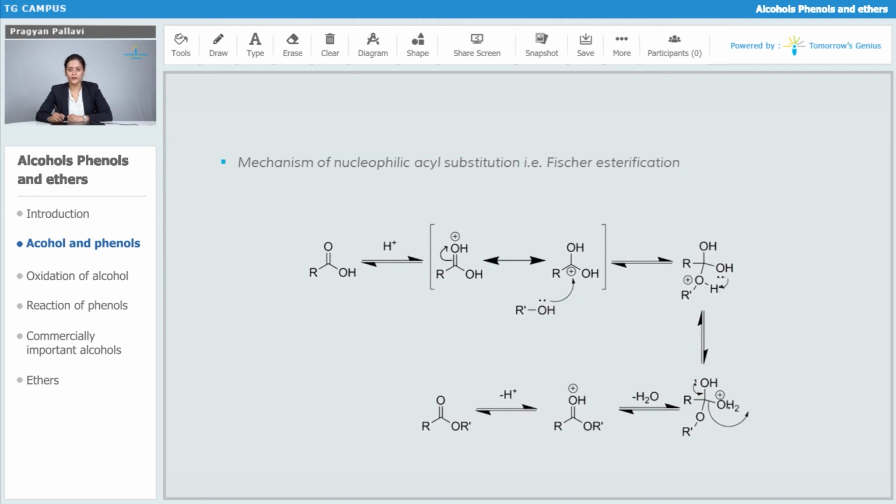Now this OH2+ is a good leaving group, so the lone pair of this second OH is going to attack this carbon, and then minus H2O will be gone, and then we are having this double bond O plus H, and then after losing this H+, it is going to form this ester.